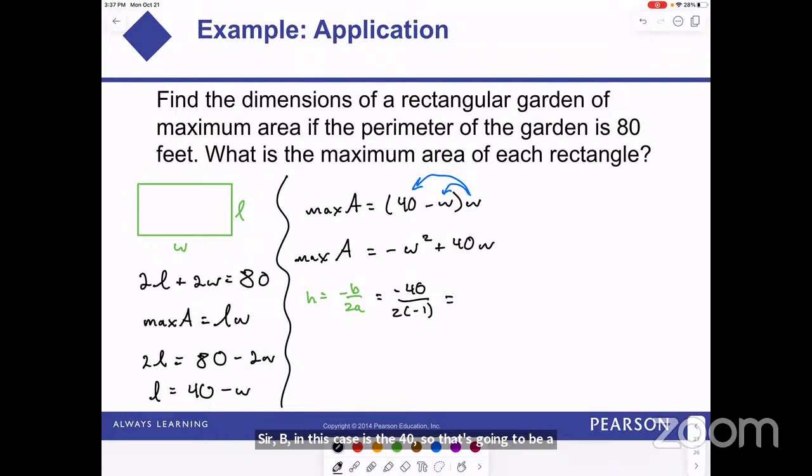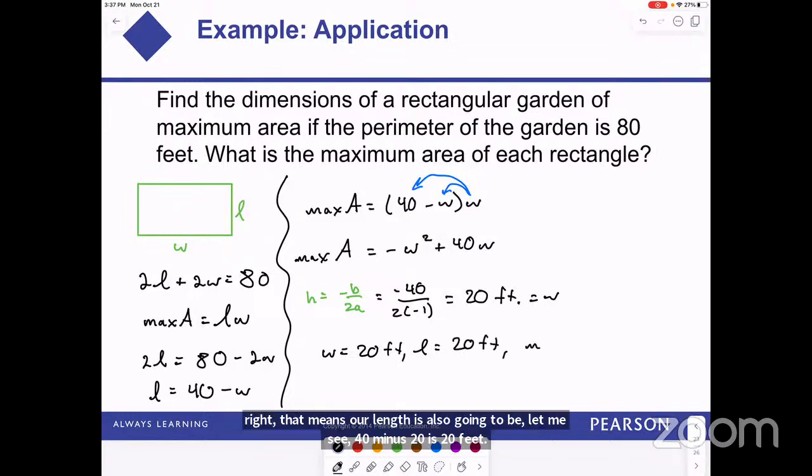That looks like it's 20 feet, and that's a width, right? So our claim is that the area is going to be maximized when our width is 20. If our width is 20 feet, that means our length is also 40 minus 20, which is 20 feet. And the maximum area should be 400 square feet.